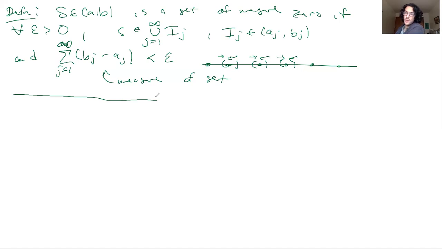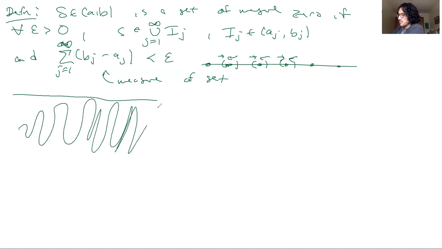So you could imagine having a situation where the function oscillates a lot, and maybe you start to have jump discontinuities at certain points as you limit to a particular value of x.